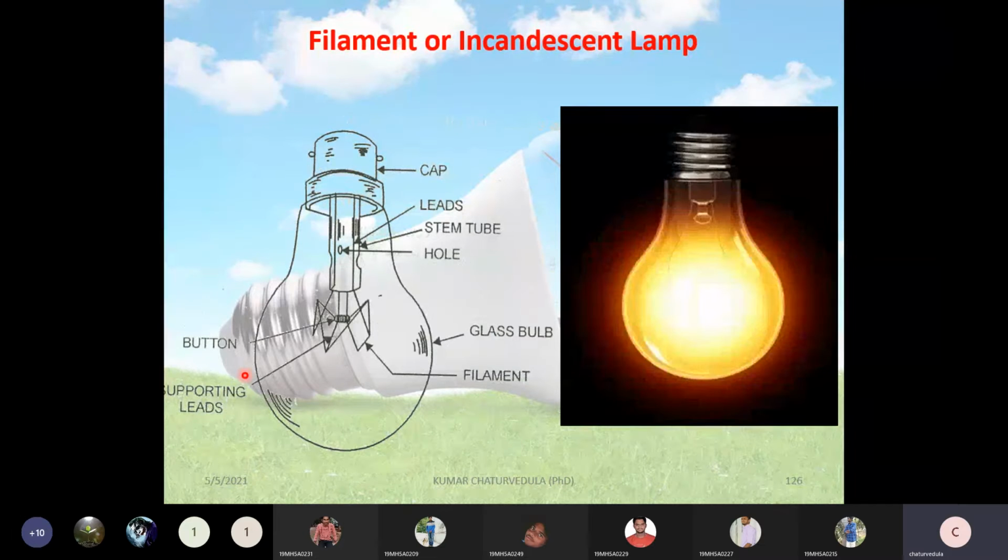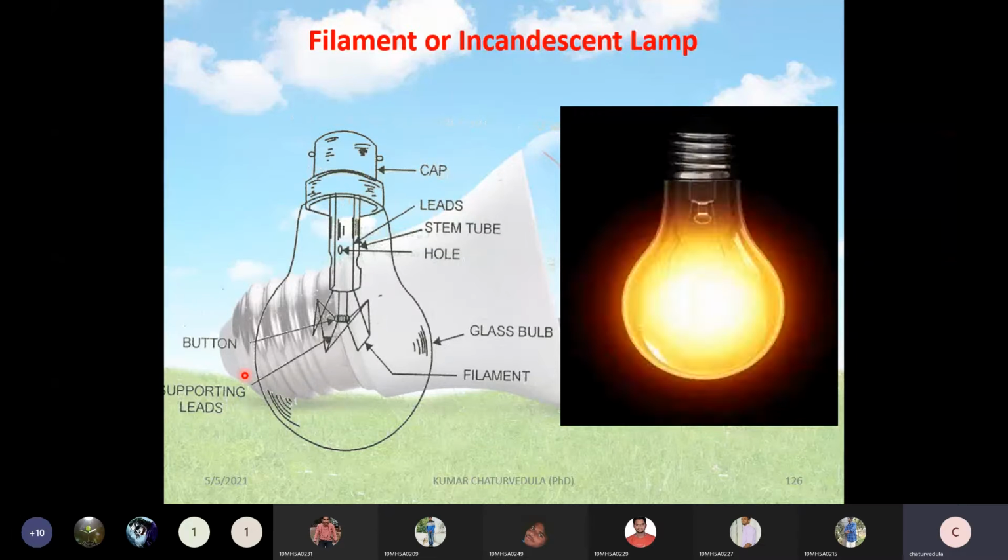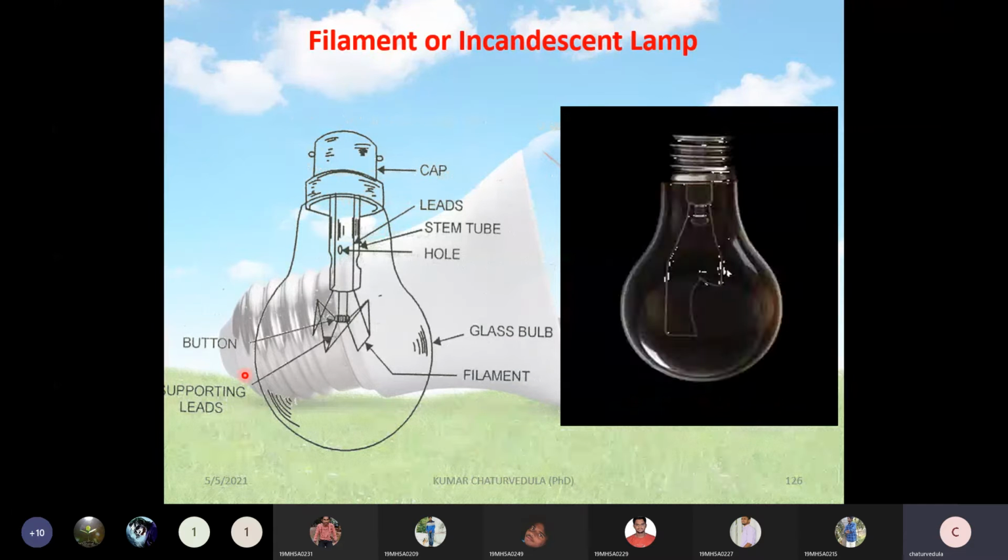It should have a high melting point, which means this filament is going to be operated at a higher temperature. As you know, if you pass current through a metal wire, initially it only gets heated up, and only at higher temperatures does it start emitting light.